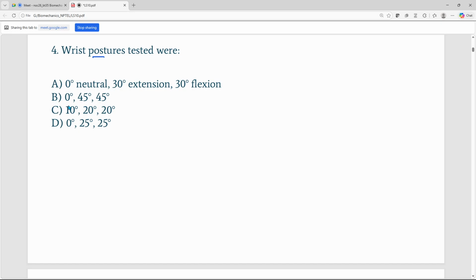Option B, 0-degree neutral, 45-degree extension, 45-degree flexion. Option C, 10-degree neutral, 20-degree extension, 20-degree flexion. Option D, 0-degree, 25-degree extension, 25-degree flexion. Which among these is the set of wrist postures tested in the study discussed in our week 10 lectures?